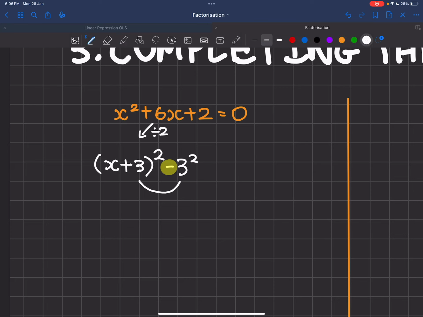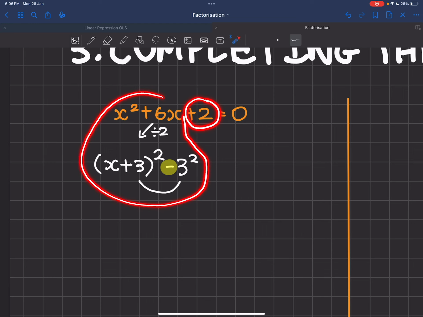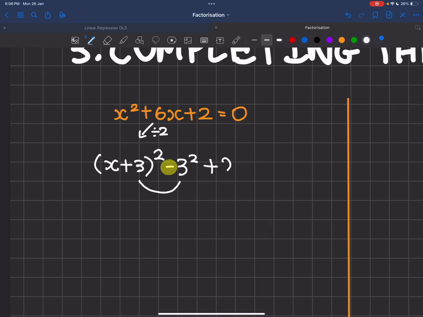Remember to minus it. We ignore the 2 over here for now. So this part is one thing. This part will be equivalent. Now we add back the 2.